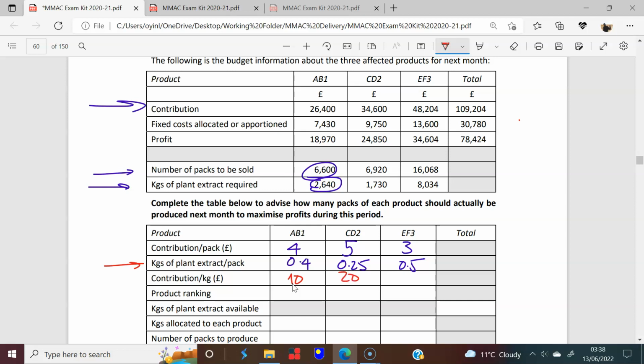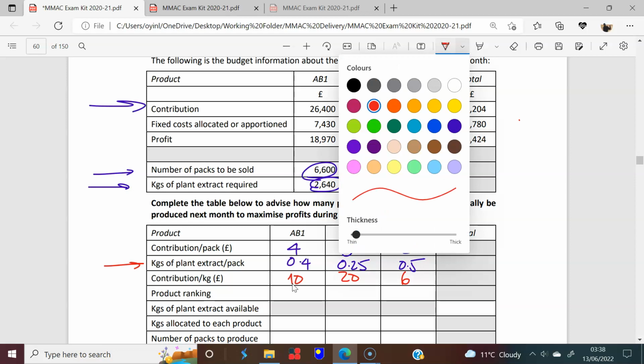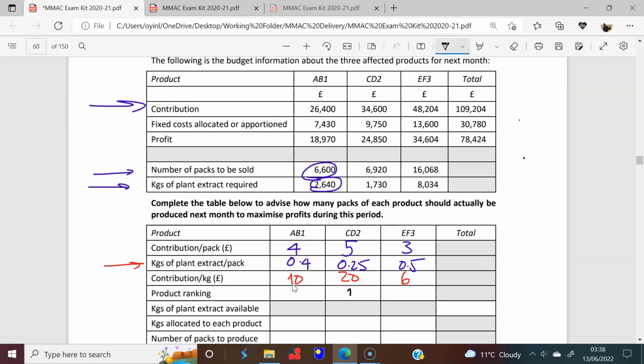And we now have 3 divided by 0.5, which is 6. And so of course we can now rank this. We have 1, 2, 3. We know how much plant extract we have available. I think we're told earlier on.